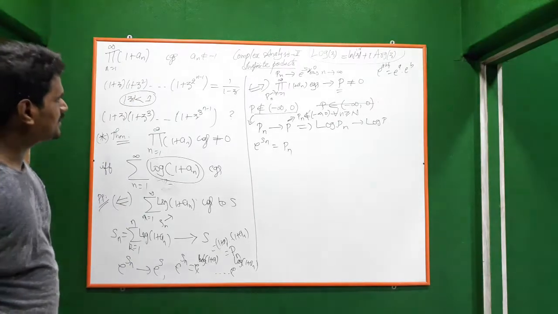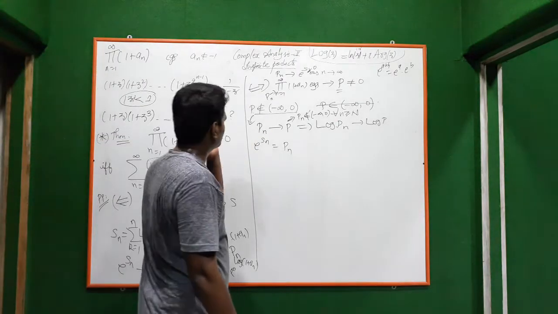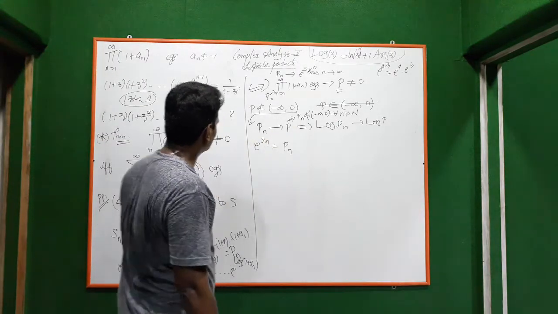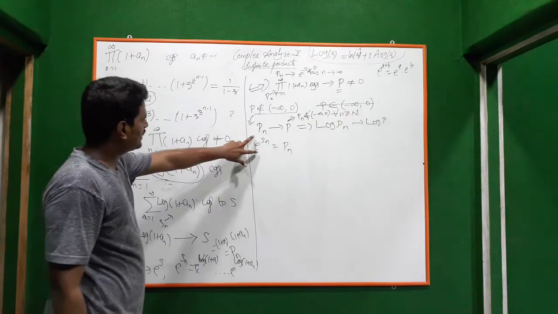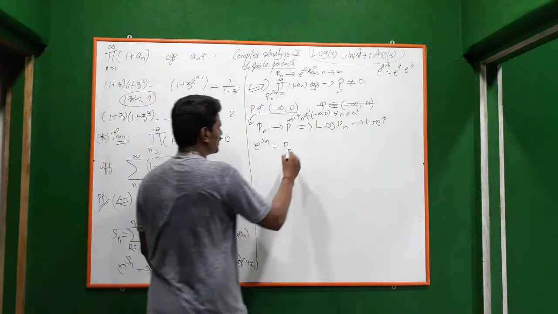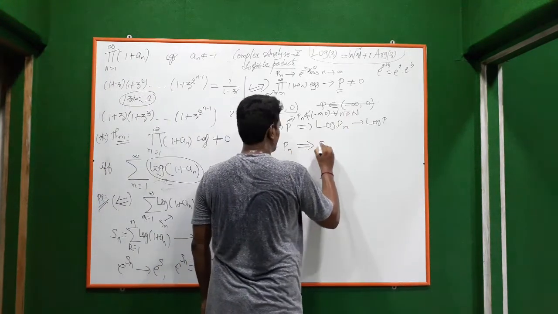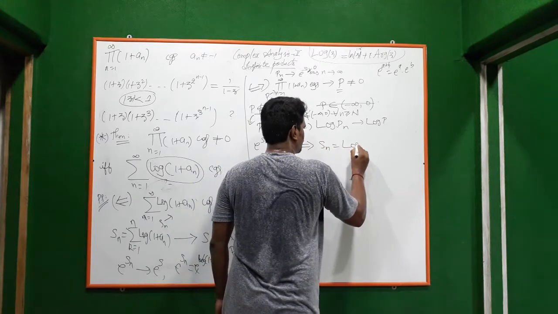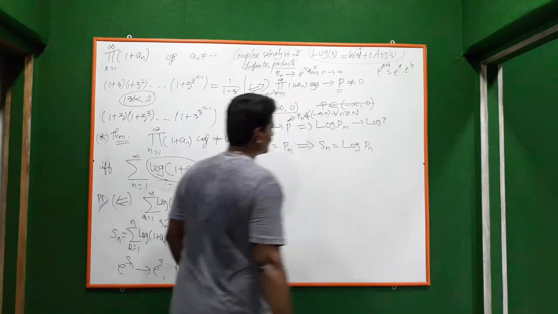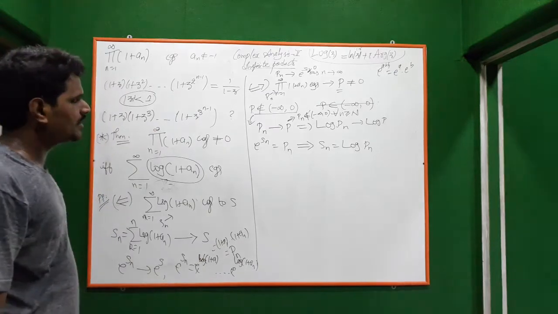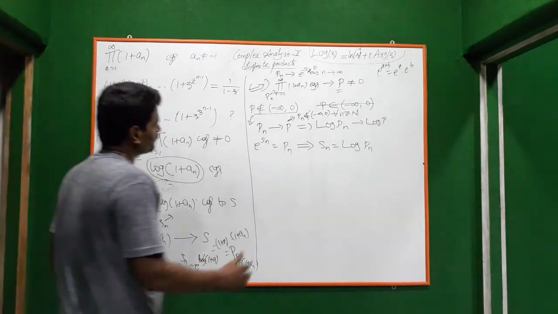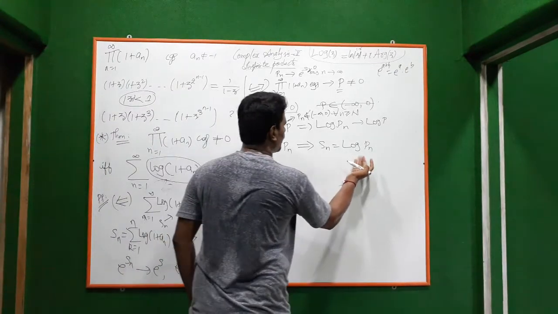That is it. After some stage, this will hold. Then we have this, and we have e power Sn is Pn. So e power Sn is Pn implies Sn is log Pn. Sn is log Pn. And we know the definition of log Pn.